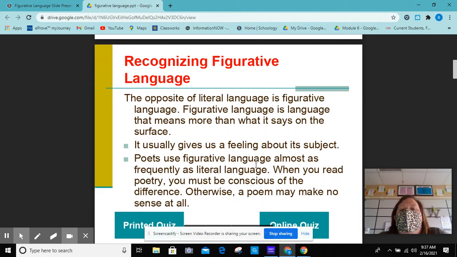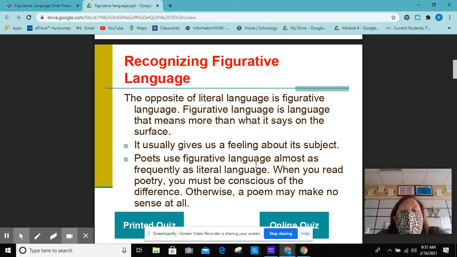All right. Recognizing figurative language. Okay. The opposite of literal language is figurative language. The word literal means that it's real, that it's true, and what you say is what you mean. Figurative language is the opposite of that.